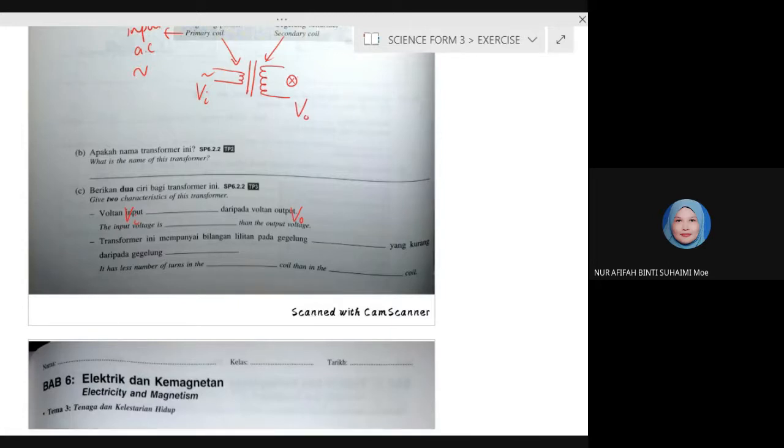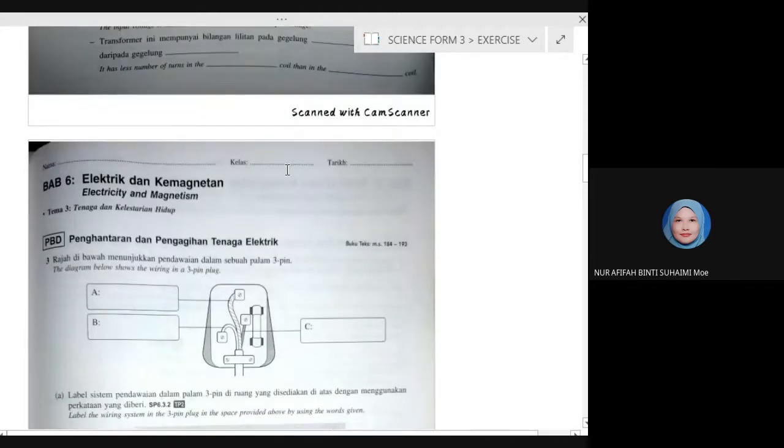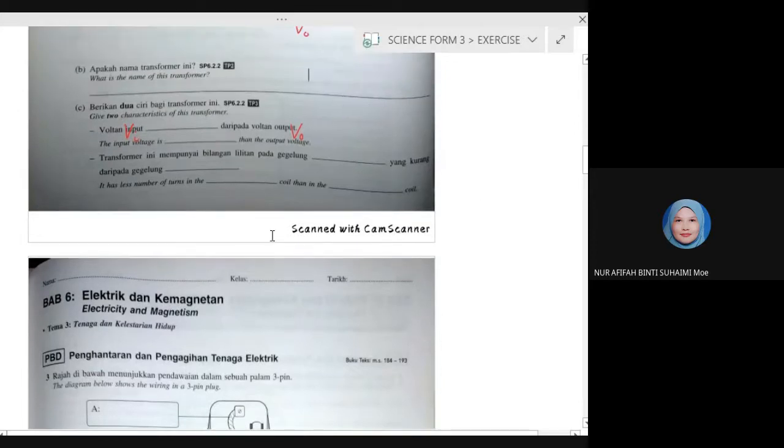When you make a comparison, you must use smaller, bigger, larger, like that. Okay. And then it has less number of turns. So when you state which one has fewer turns, which coil, then state primary coil or secondary coil. Okay.